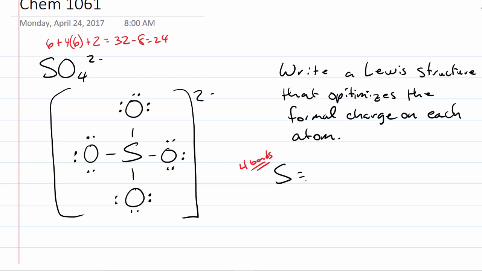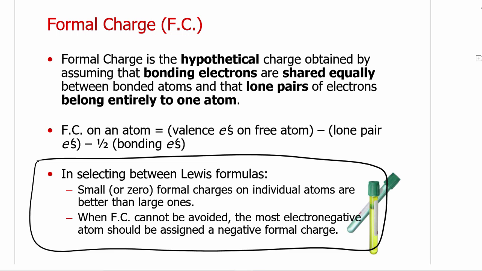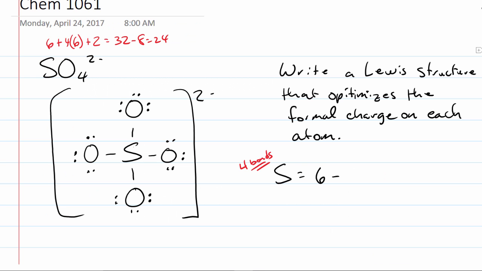Okay, so we start with that number, 6. Then we subtract from it, according to the equation, the lone pair electrons. So any electron that's in a lone pair on the sulfur, we subtract those. How many lone pair electrons are there here? None. So we subtract 0.